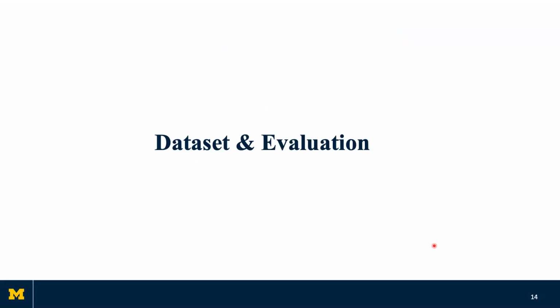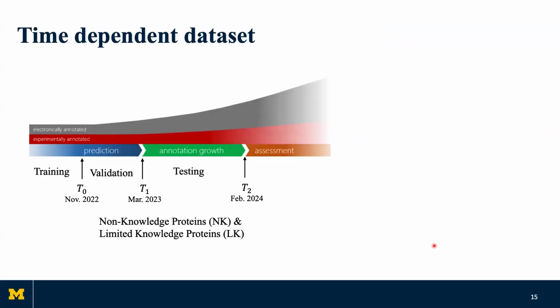For the data set and evaluation, we use a time-based data set, which follows the standard of CAFA, a community-wide function annotation competition. Here we divide the data set into three time points, which we call T0, T1, and T2.